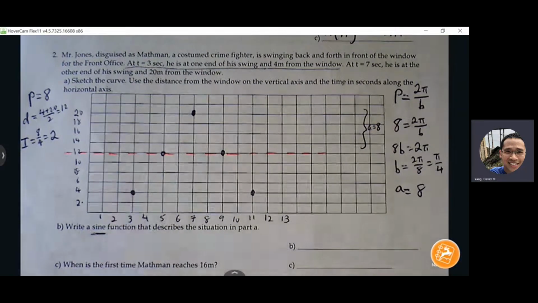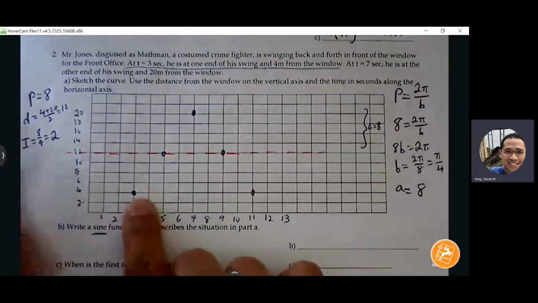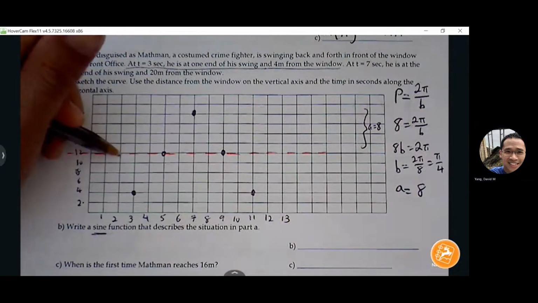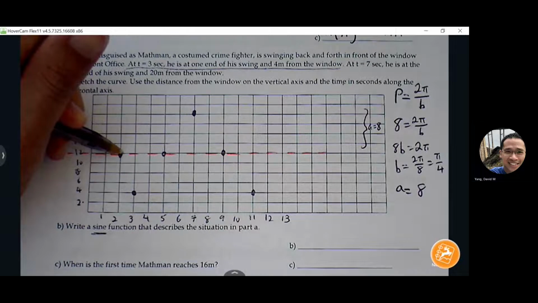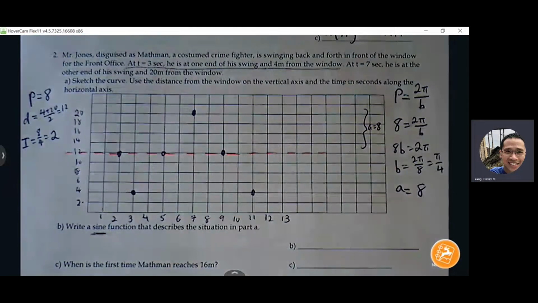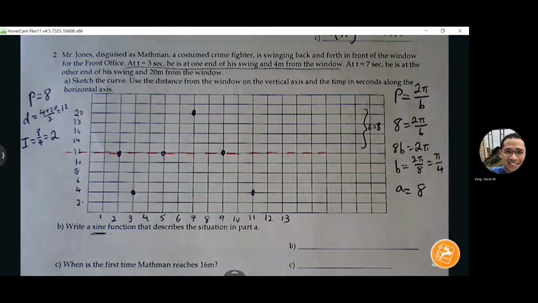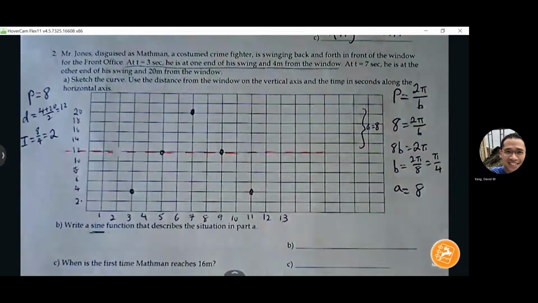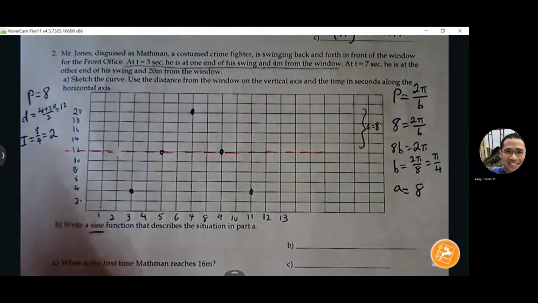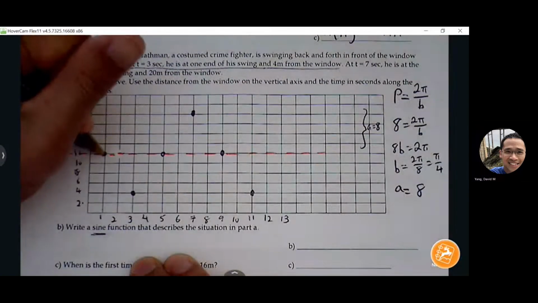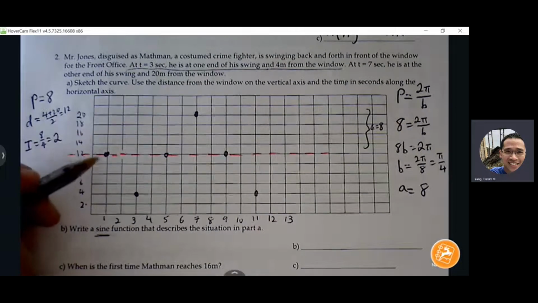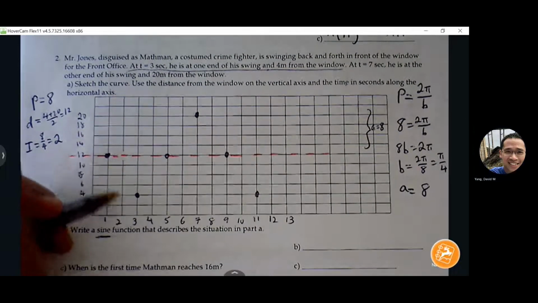I know that my interval is 2, so I can kind of go back 2, and I can go to, I'm sorry, 1. My bad, 1. And this kind of resembles a sine graph that's been reflected.